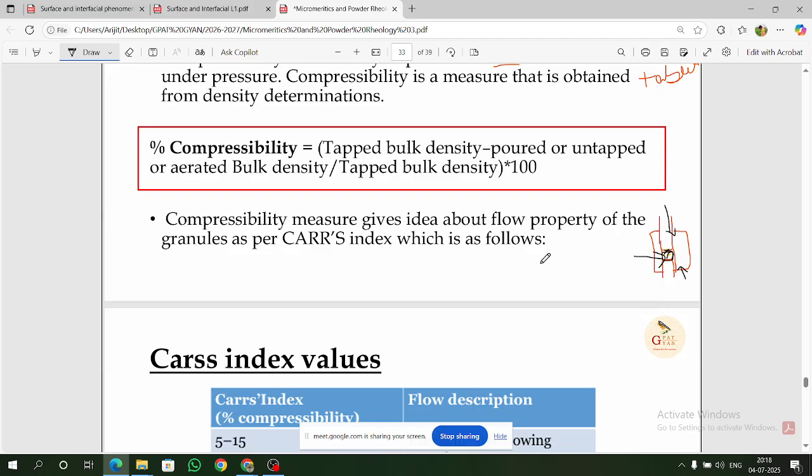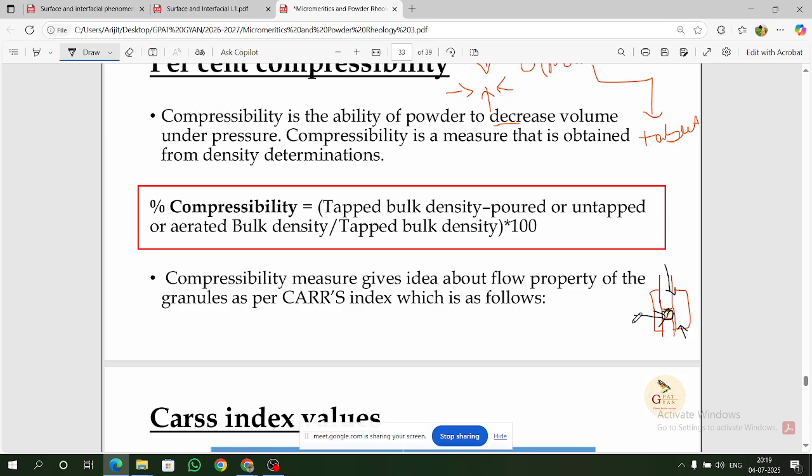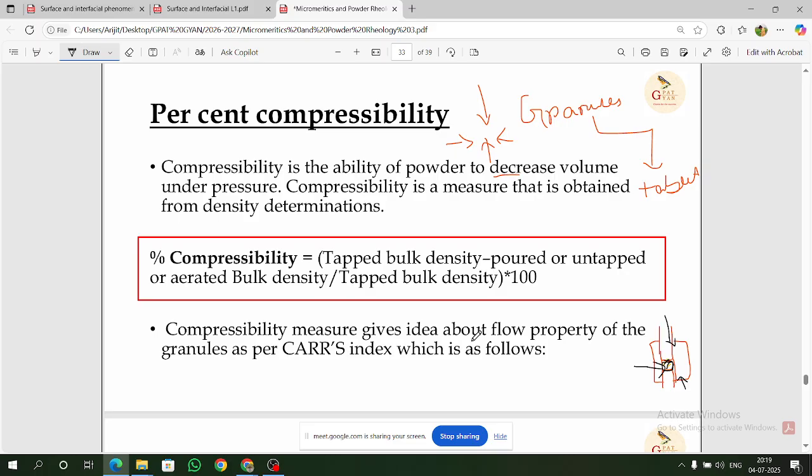Due to that, the void space present in the granules will reduce, and ultimately the granules will be shaped into a tablet. All the void spaces will be diminished or decreased, and one compact will form. That's why I use the term compaction. So a compact will be there.